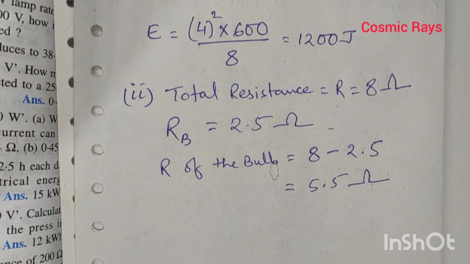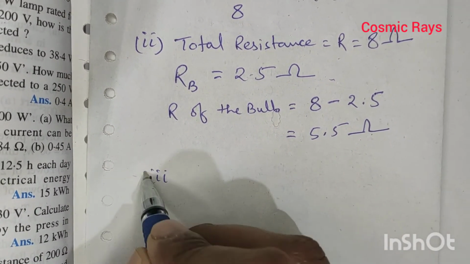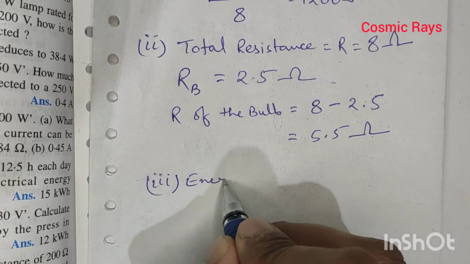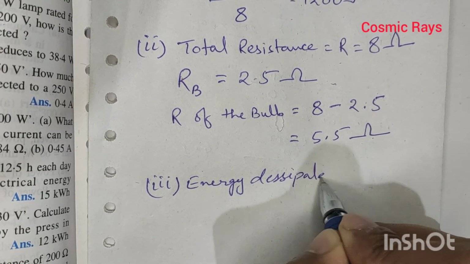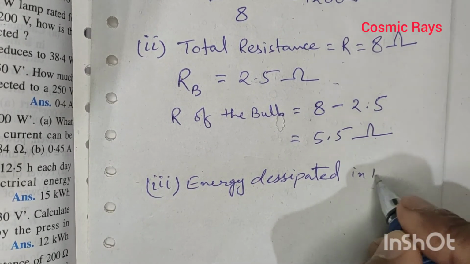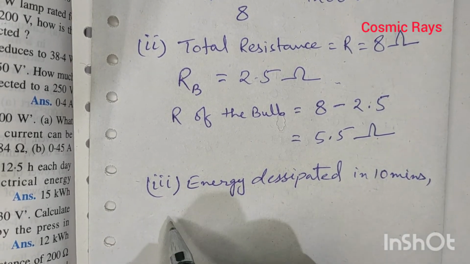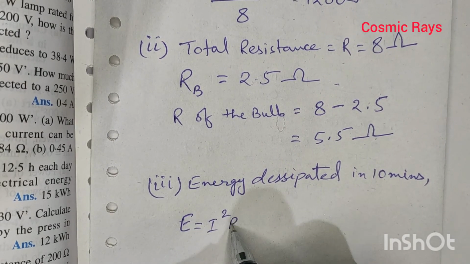And the third part is energy dissipated in the bulb in 10 minutes. That is the heat produced in 10 minutes. So energy dissipated in 10 minutes, heat or energy is equal to I square RT.